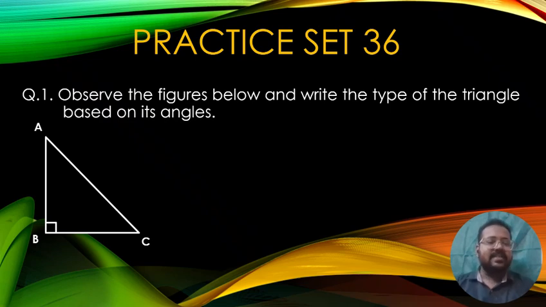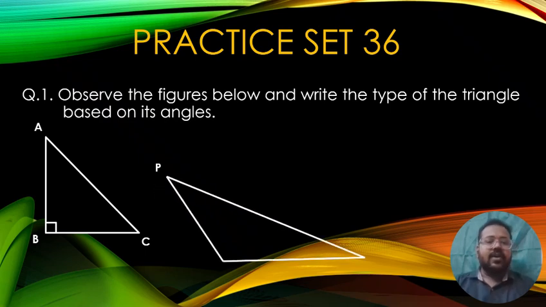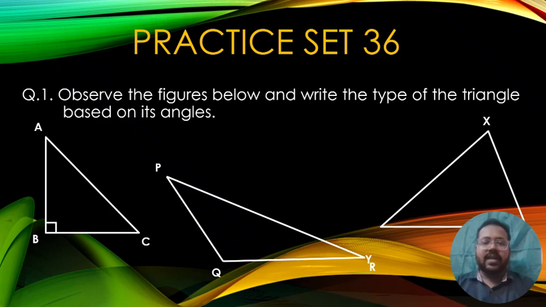Hence, the triangle ABC is a right angle triangle. This is the second figure, triangle PQR. It is an obtuse angle triangle, and this is the third figure, triangle XYZ, which is an acute angle triangle. I hope you got all the answers correct.